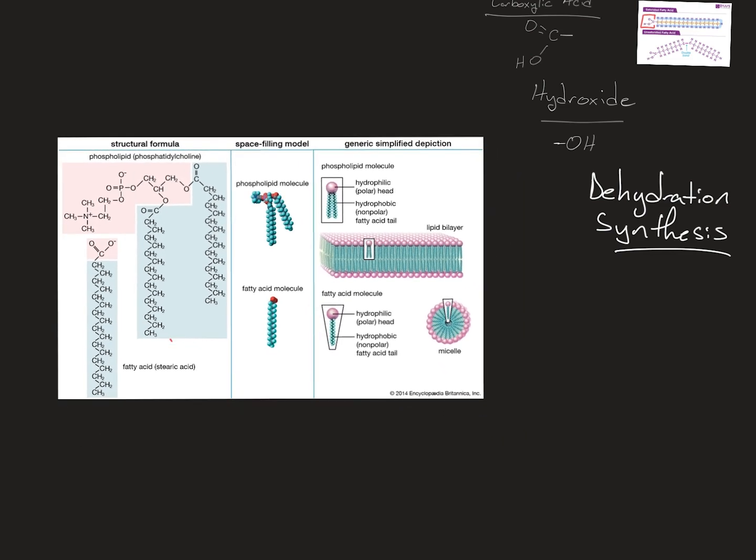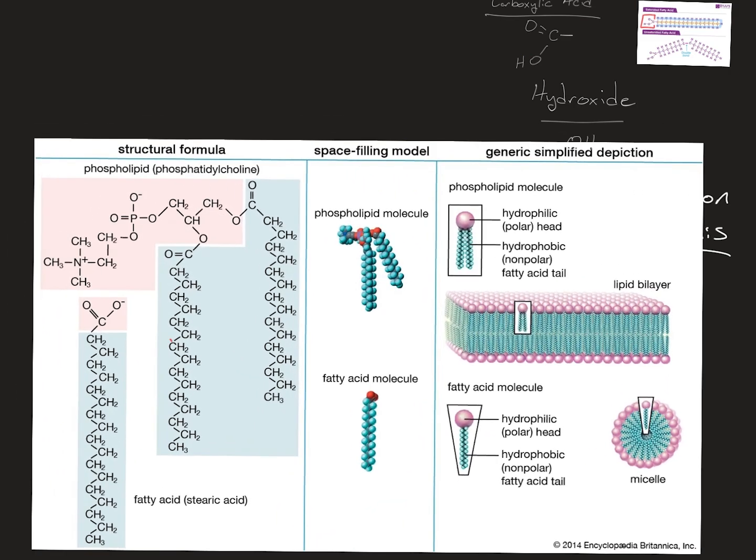So you just saw a triglyceride. That's 3 fatty acids attached to a glycerol molecule. We could take that glycerol molecule, which, by the way, is used all over the place as a structural component of different molecules. Instead of adding 3 fatty acids, we could move one fatty acid out and instead add a phosphate group.